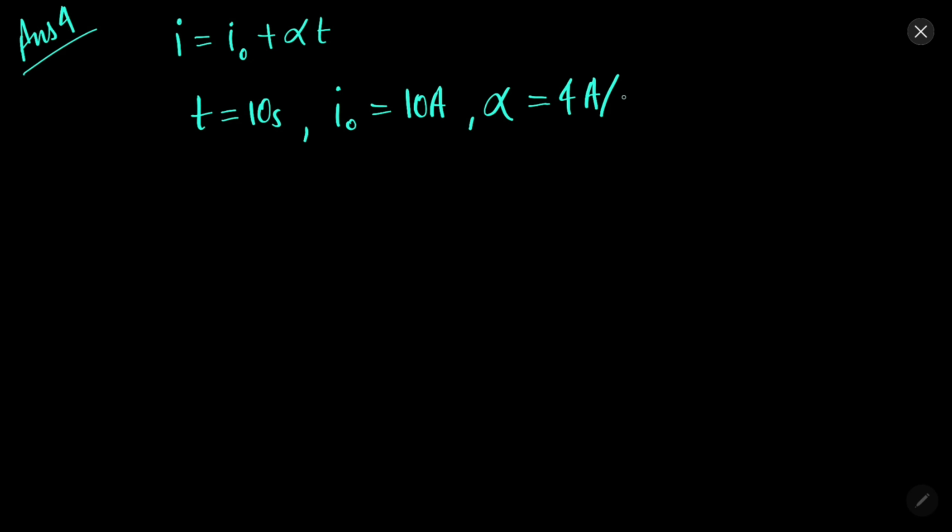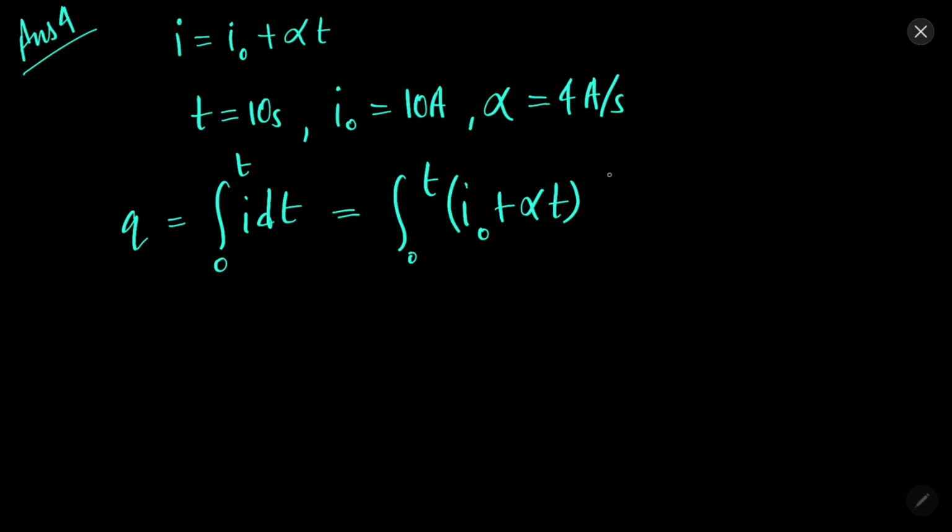First of all, the equation is this: t is 10 seconds, I naught is 10 ampere, alpha is 4 ampere per second. So charge can be found by this equation: integral from 0 to t, time in seconds, of I naught plus alpha t into dt.